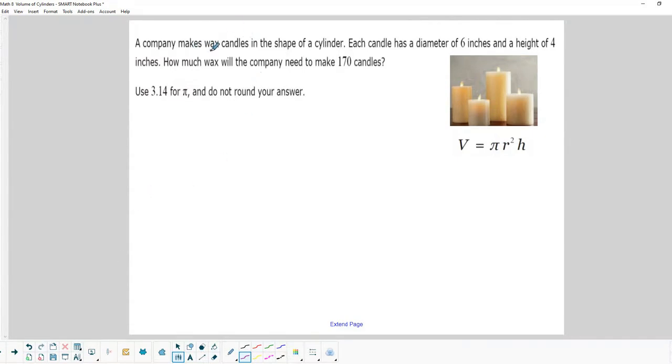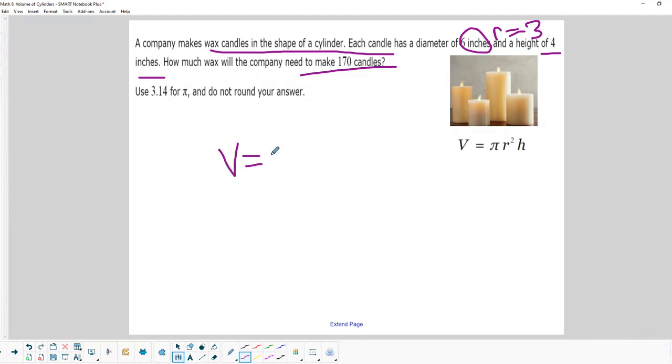So a company makes wax candles in the shape of a cylinder. Each candle has a diameter of 6 inches, which means that its radius is going to be 3 inches, and a height of 4 inches. How much wax will a company need to make 170 candles? So let's start out with one candle.